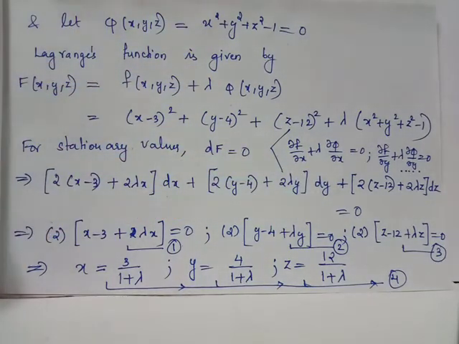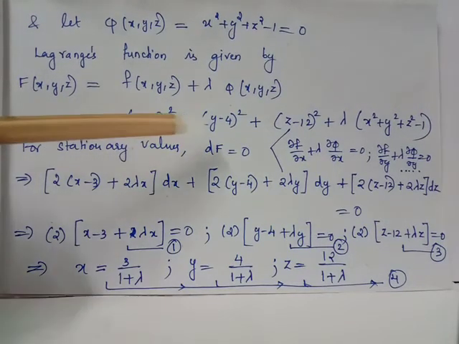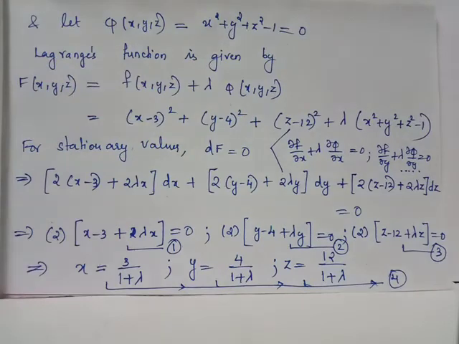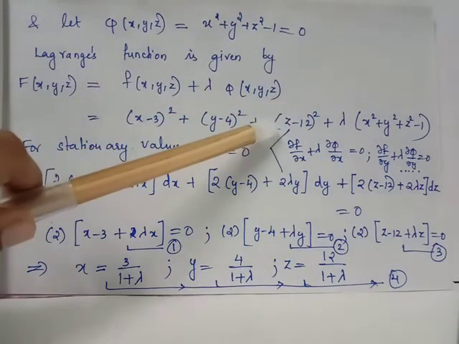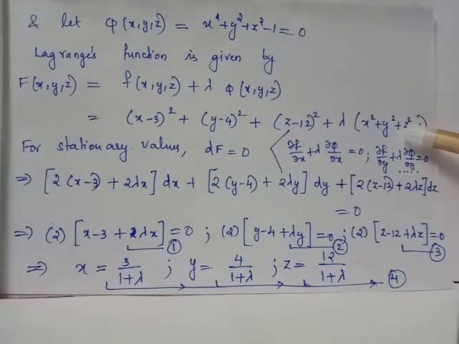Similarly, we have first order partial derivative of capital F with respect to z, treating x and y as constant. Here again we have x, z and 1 being constant, and take the answer 0 after taking the partial derivative. Hence we will have the answer 2 times z minus 12 plus 2 times lambda z.